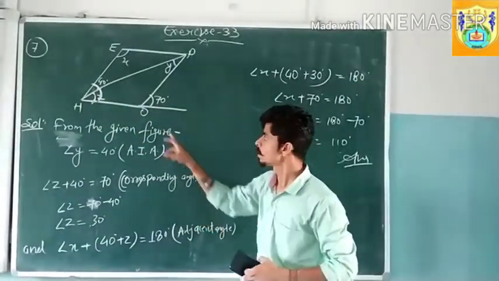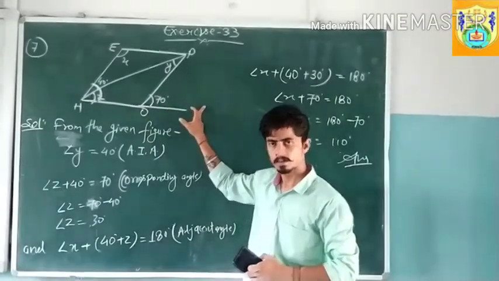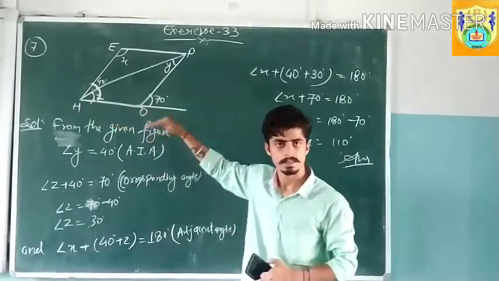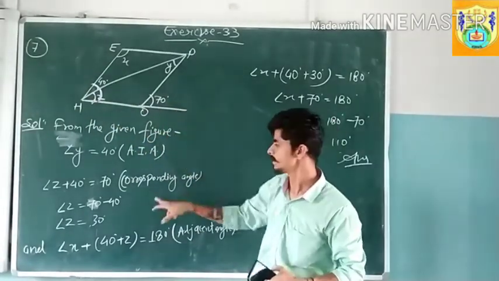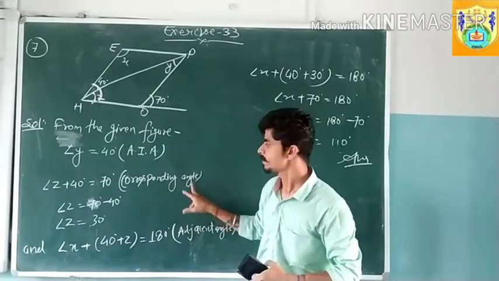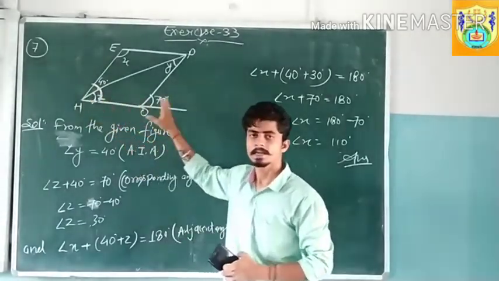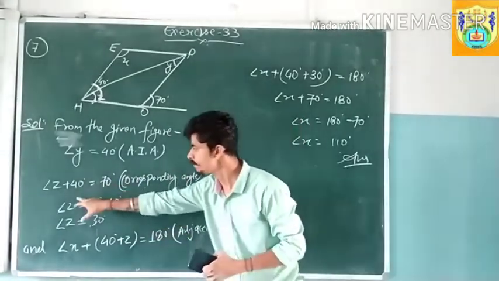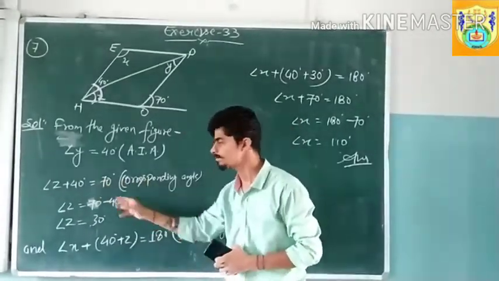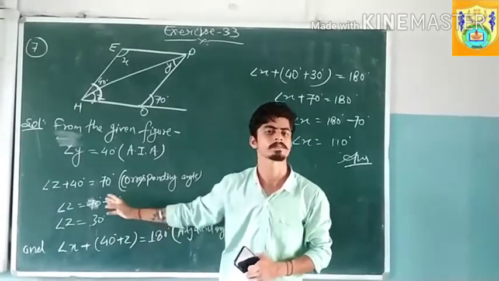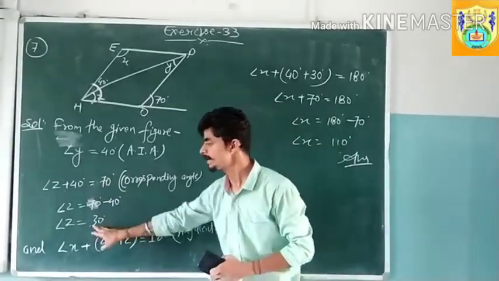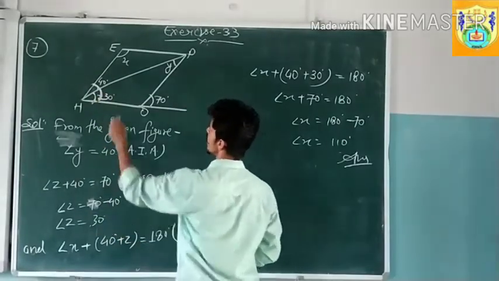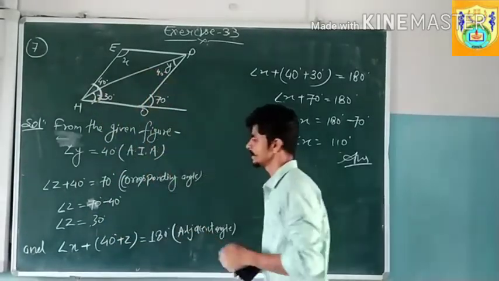Corresponding angle means one angle is outside of the diagram and one angle is inside of the diagram, and both angles are on the same side but on different line segments. This is called a corresponding angle. So corresponding angles are equal in measurement. That's why z plus 40 is equal to 70 degrees. Now 40 will be transferred from LHS to RHS, from positive to negative, and will be subtracted from 70. So we get z is equal to 30 degrees, and y is equal to 40 degrees.